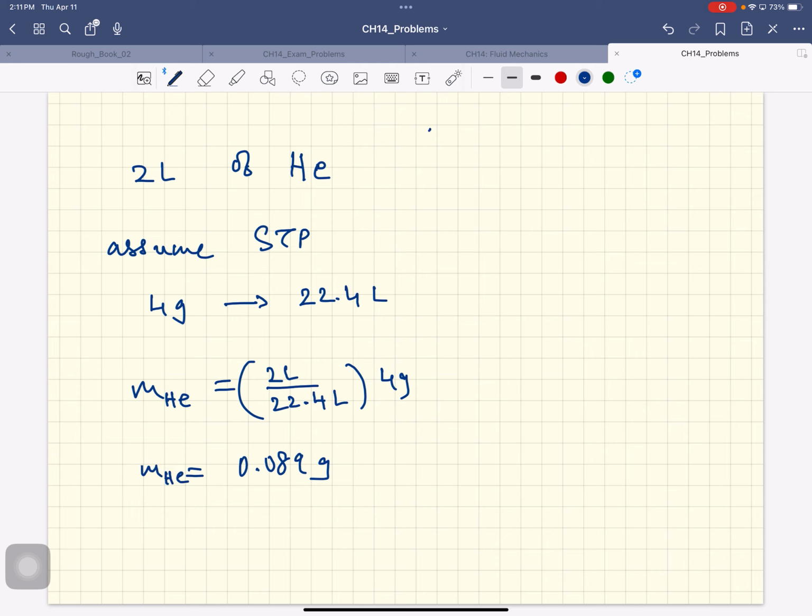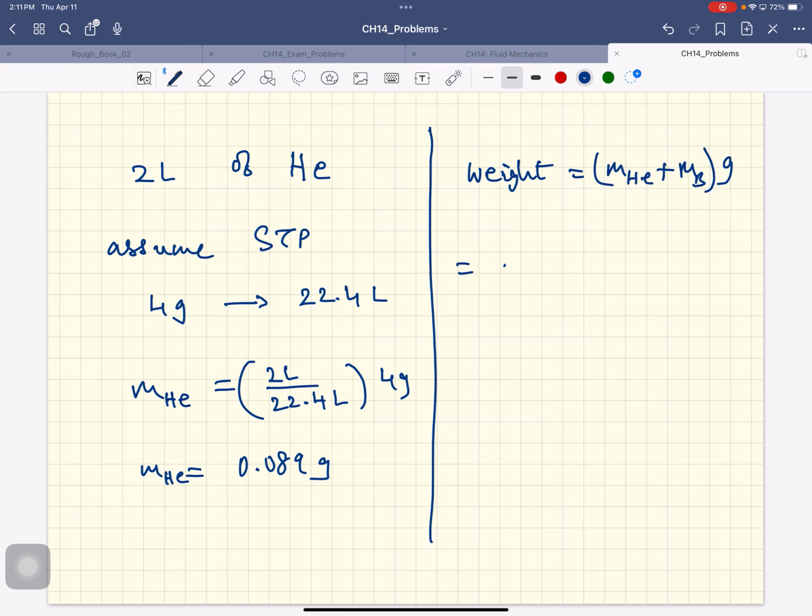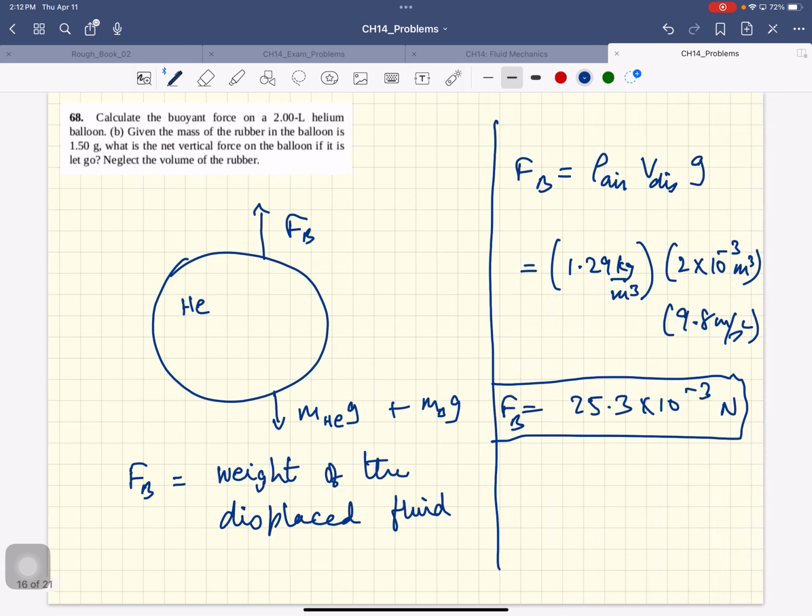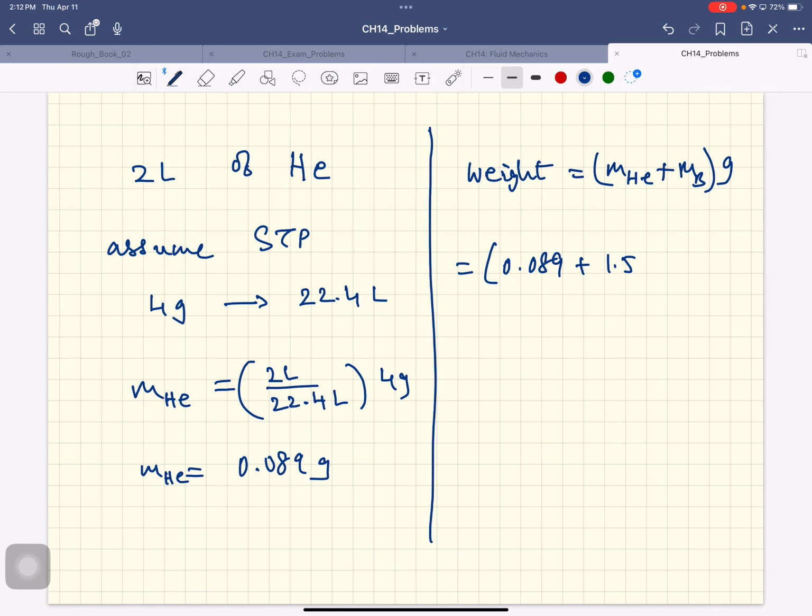All right, so the weight you're supporting is the mass of helium plus the mass of the balloon, times g. 0.089 plus, and the mass of the balloon is 1.5 times 10 to the minus 3 kg, times 9.8. So essentially, helium weighs nothing, okay?